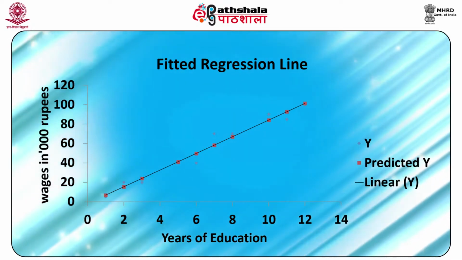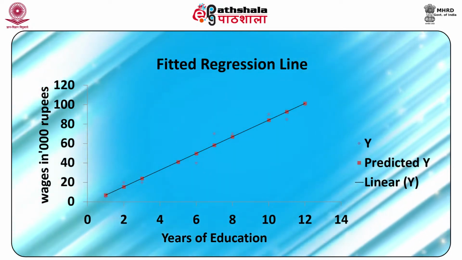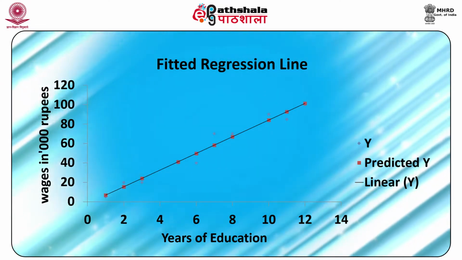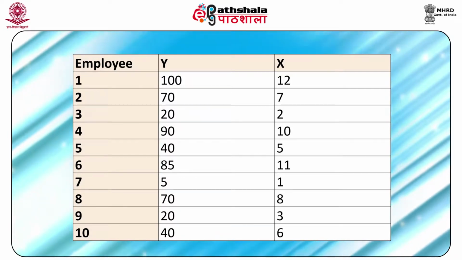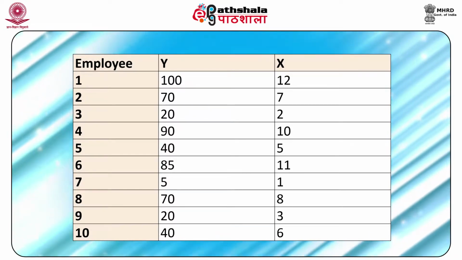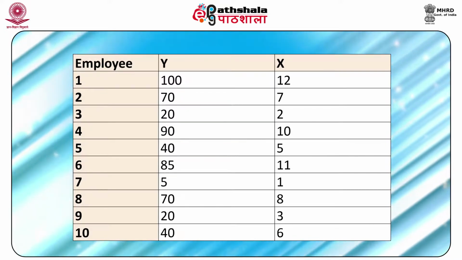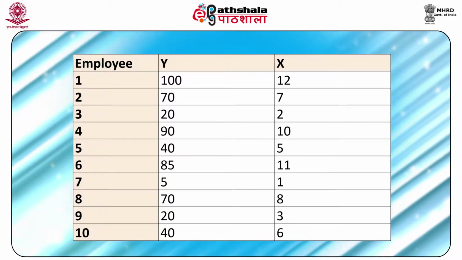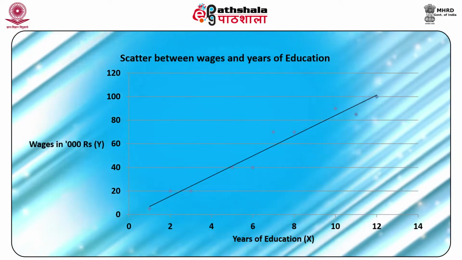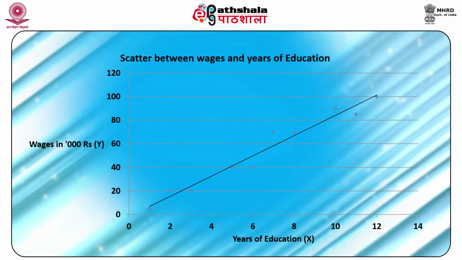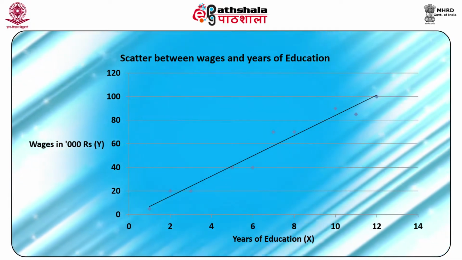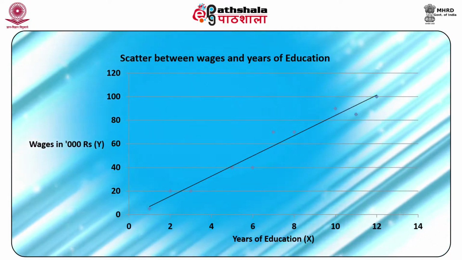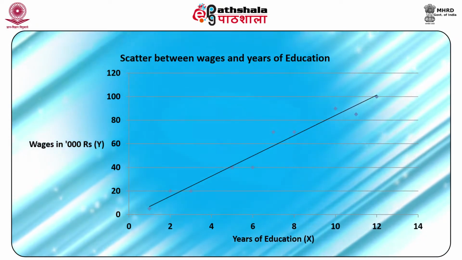So we have the fitted regression line in this diagram, which is the fitted regression line with residuals. In continuation with the data in table 1 and figure 1, we observe that when x is equal to 7, the expected value of y given xi equal to 7, as shown by the fitted regression line, is equal to 58.29119, whereas the observed or actual value of yi given in the table is equal to 70.